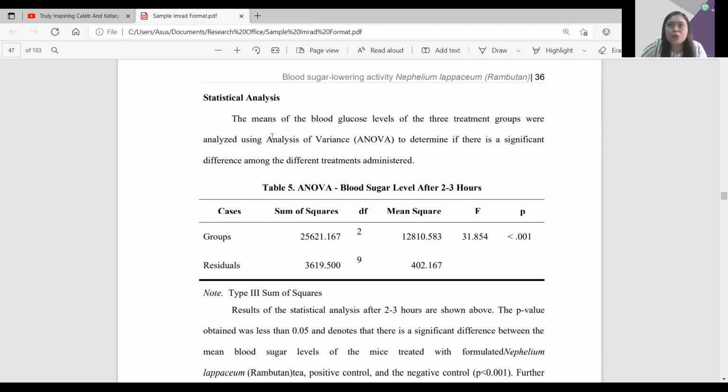Yan talaga yung goal ko every time I teach statistics. I'm not settling only to what is mean, median, and mode. I always go into inferential statistics na ma-apply nyo talaga siya sa research ninyo. And kayo mismo yung mag-a-analyze and mag-i-interpret ng data.